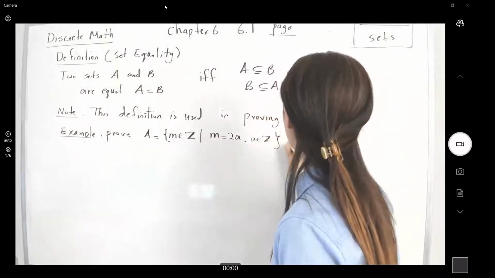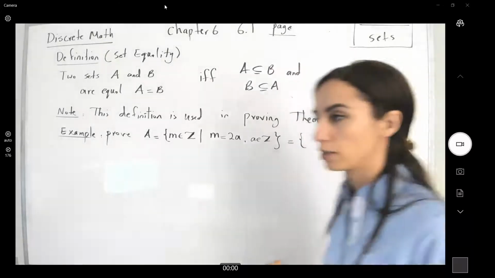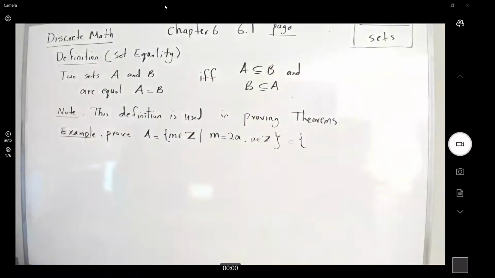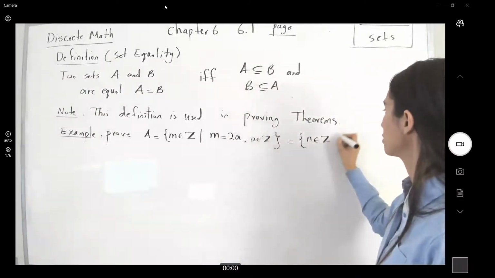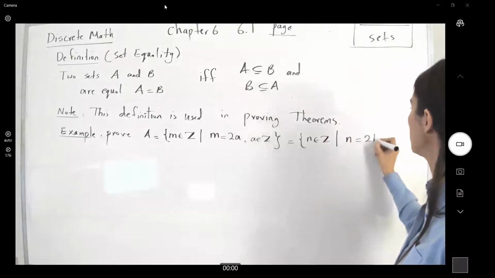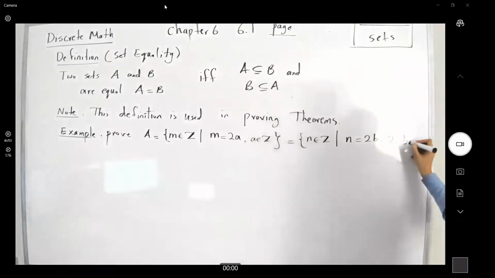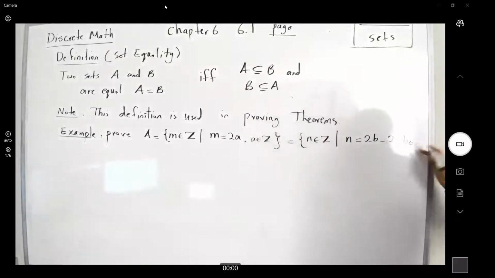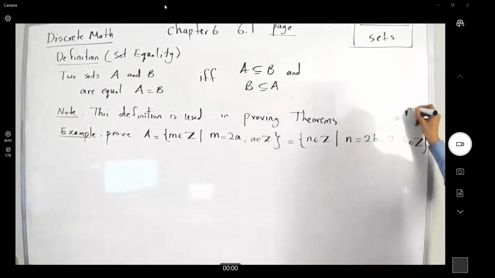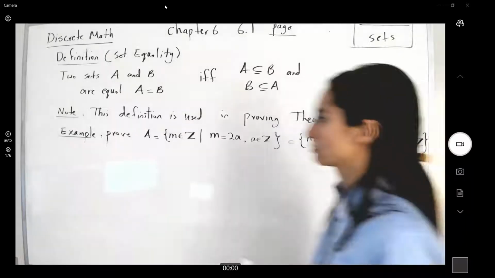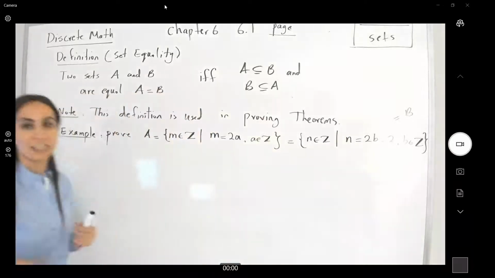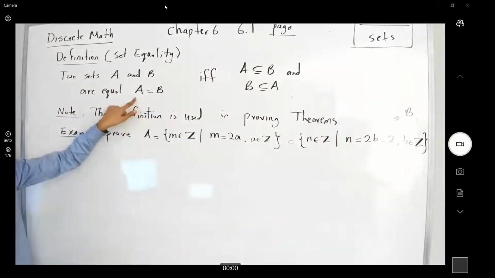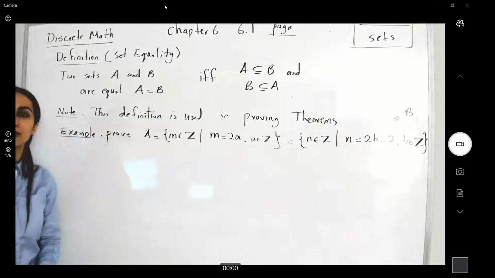This is equal to the set of all integers like n, such that n is equal to 2b minus 2 for some integer b. Let us call it set B. The question says, prove these two sets are equal to each other. Prove that A is equal to B.